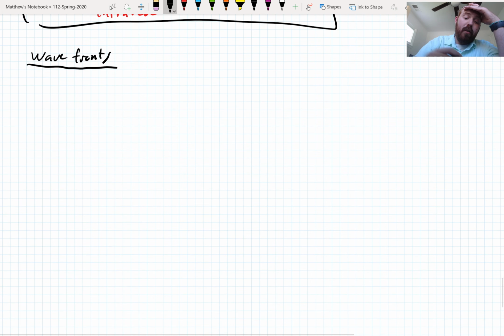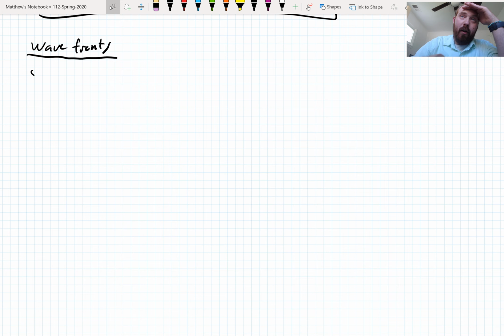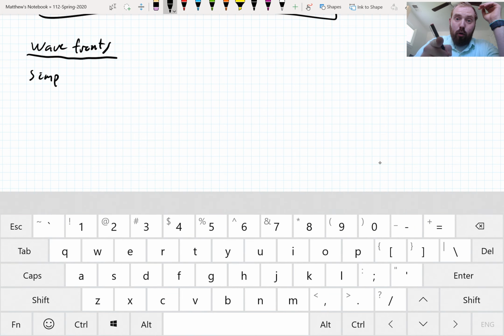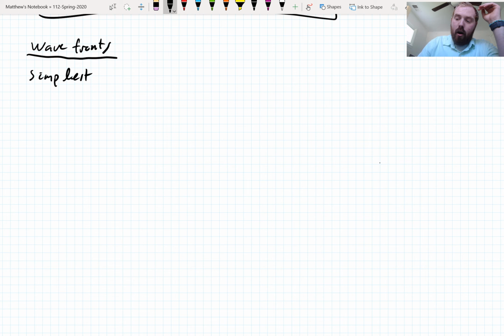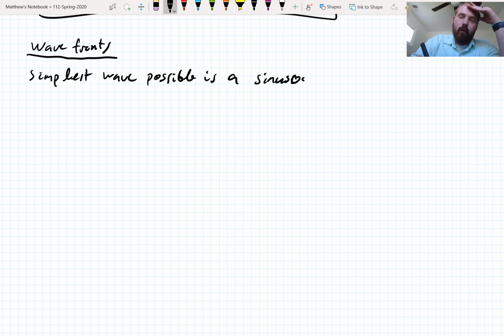So, like I said, let's do our fundamentals. Let's start mathematically describing our waves. So the simplest wave possible, little one. You've already seen these a little bit.